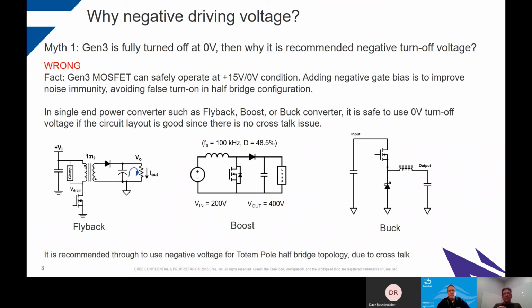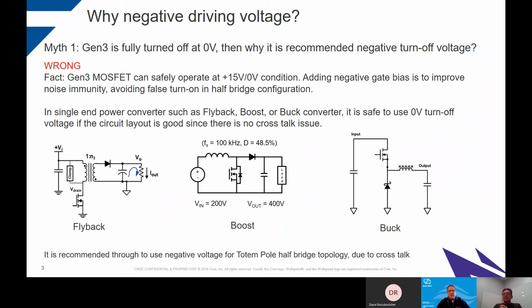In addition as well, if you're using a half bridge and a resonant soft switch topology, again, 0 volts can be very safe. But it's always worth checking out your waveforms, looking to see if there's any spurious voltages, and then if there is, you go negative. So that's the condition at 0 volts.